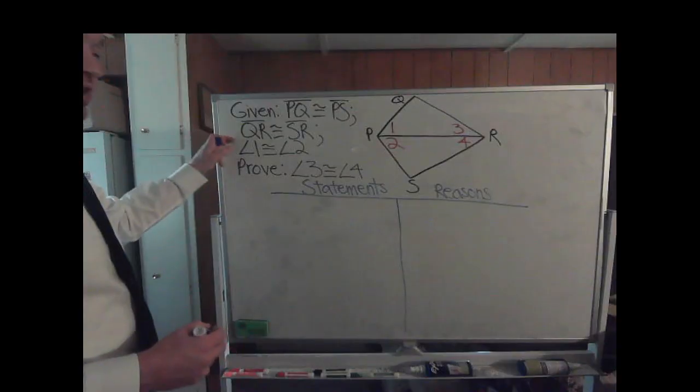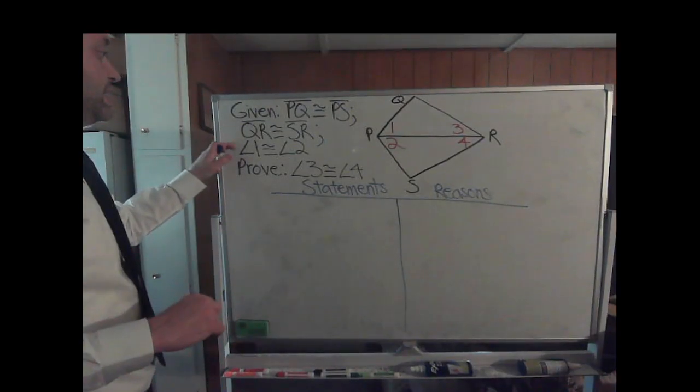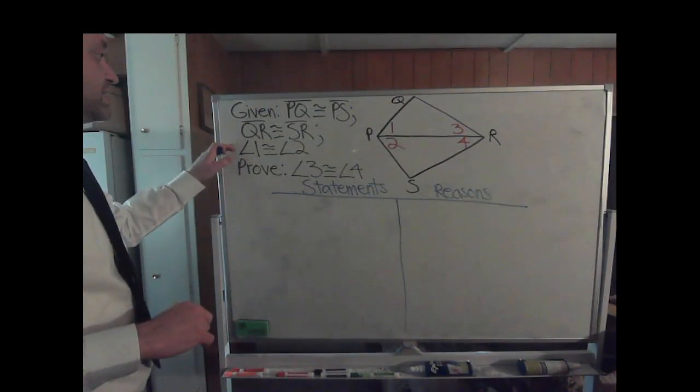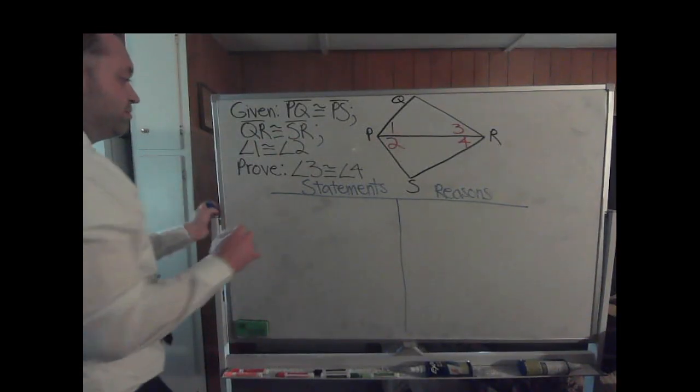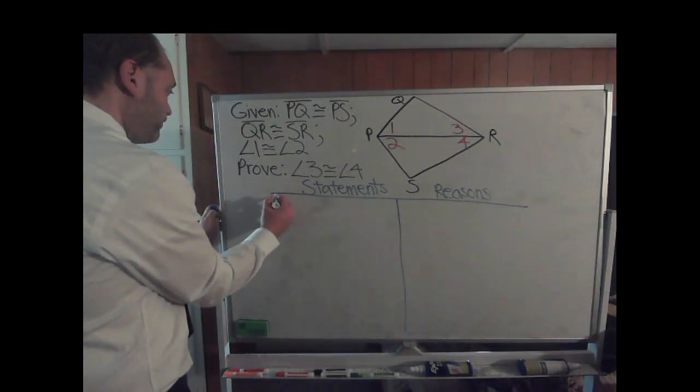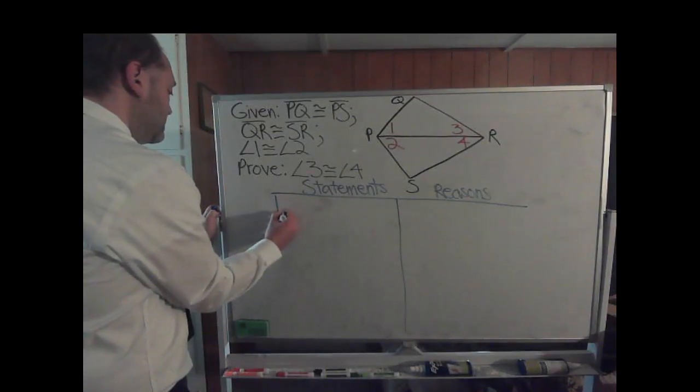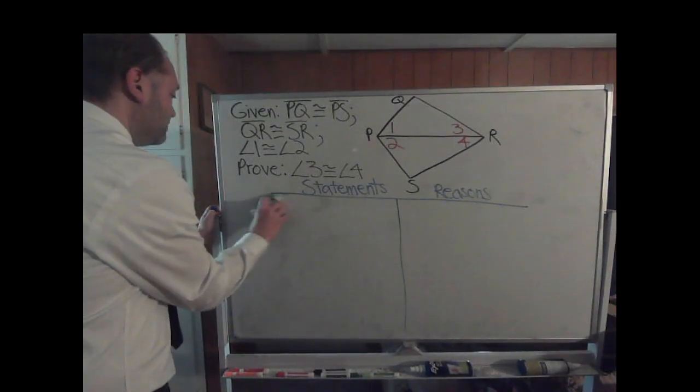Okay, in this particular proof, and you'll see why in a minute, I think we can list at least the first two pieces of given information. So, now let's write in a different color for that.